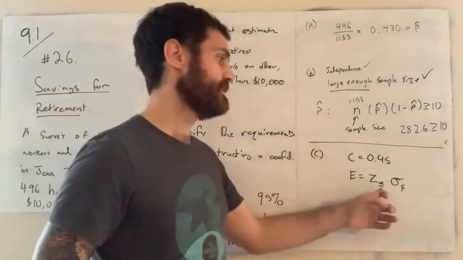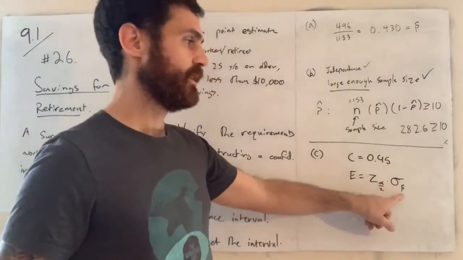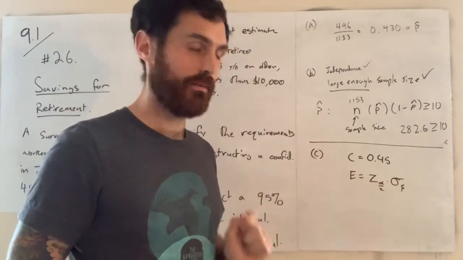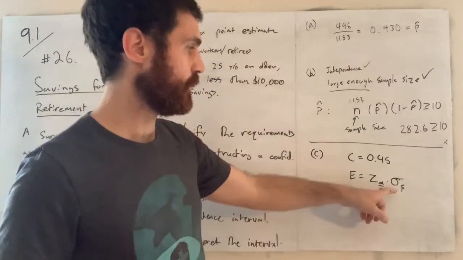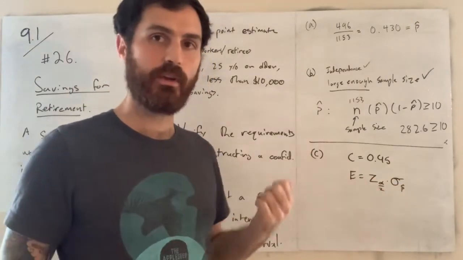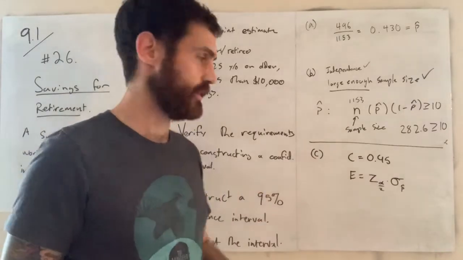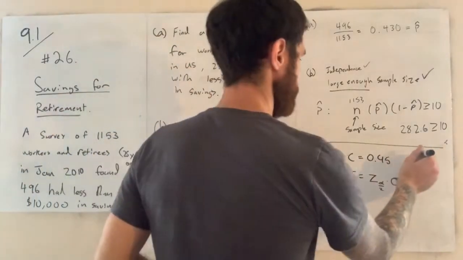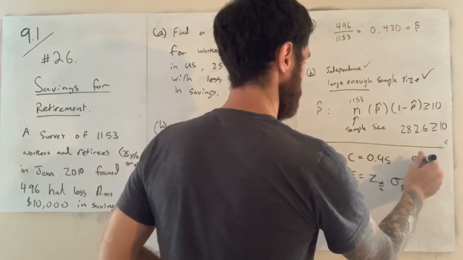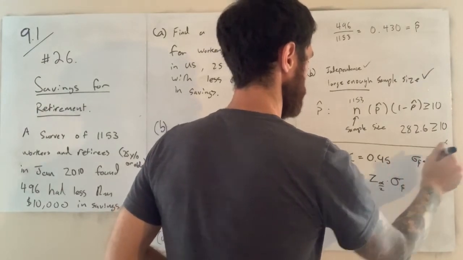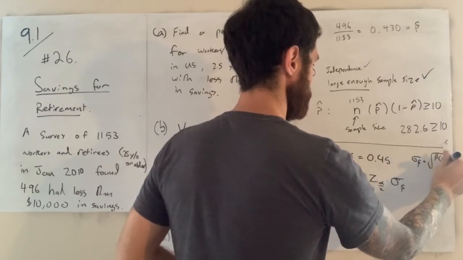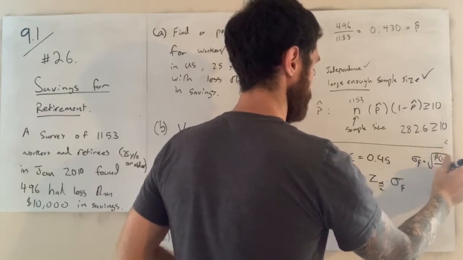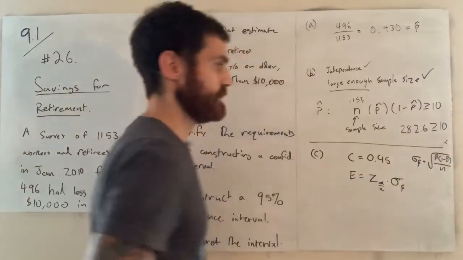Now, this is where we're interpreting p hat as a random variable, because we want the standard deviation of the random variable, which is the sample proportion. And so remember that the standard deviation of p hat is just going to be the square root of p hat times 1 minus p hat over sample size.